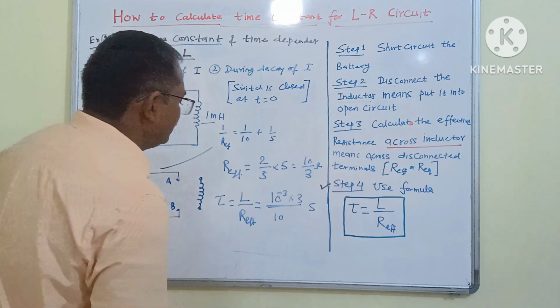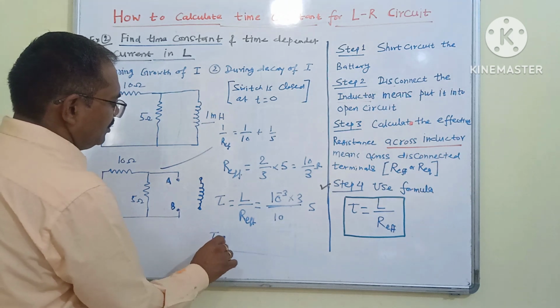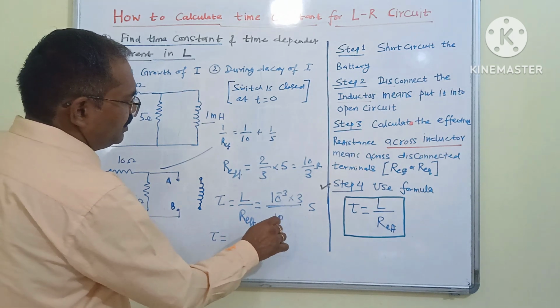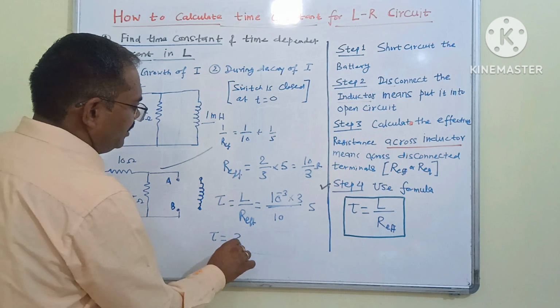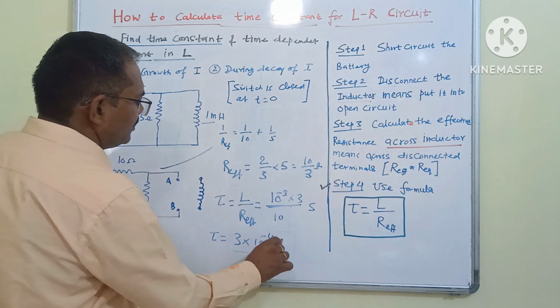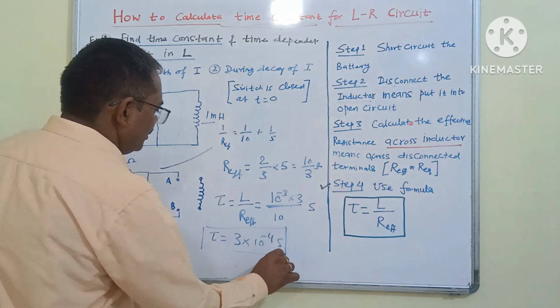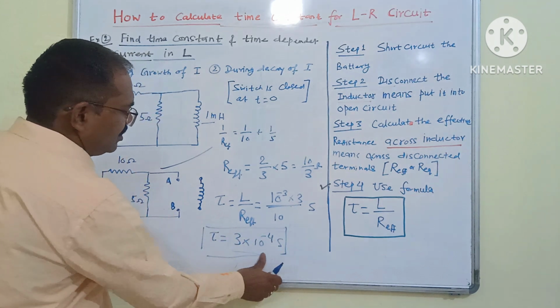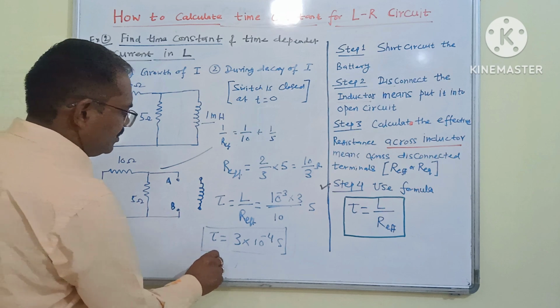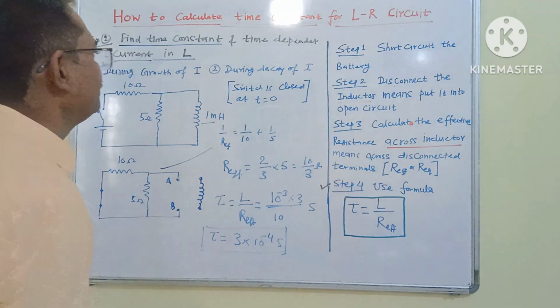This will be in second. So tau would be 3 into 10 raised to the power minus 4 second. This will be the value of time constant.